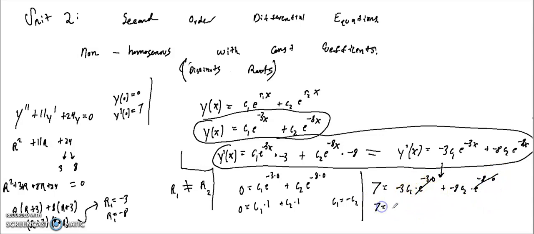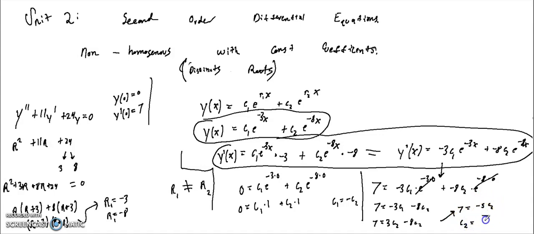So 7 equals negative 3 c1 minus 8 c2. And c1 equals negative c2. So we can just say 7 equals 3 c2 minus 8 c2. We get 7 equals negative 5 c2.